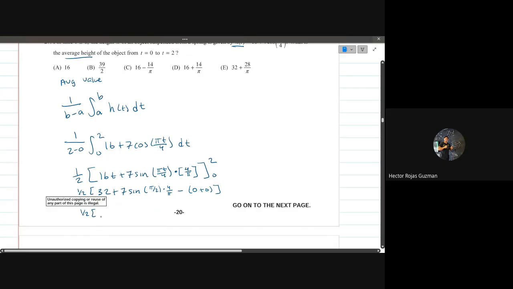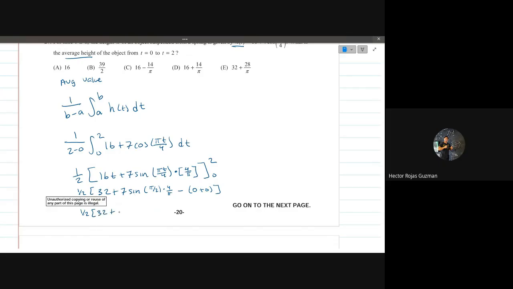One half. 32. Sine of pi over 2 is 1. Okay, so 7 times 4 is 28. Multiply by the 1/2, that's 16, plus 14 over pi. Is that the answer? Oh, there it is.